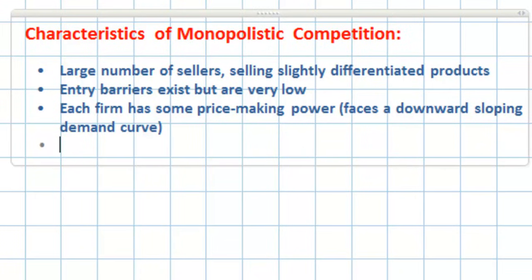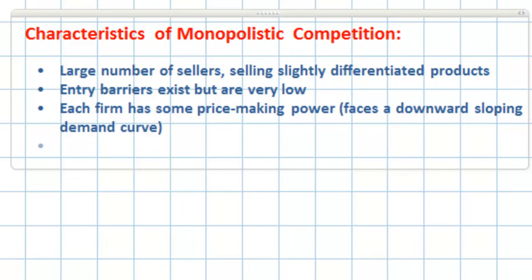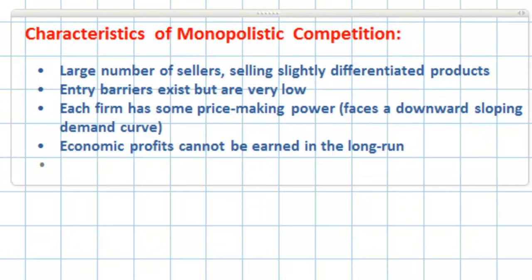Next, we can say that due to the low barriers to entry that exist, economic profits are unsustainable in the long run. Just like in perfect competition, if economic profits exist, firms will be attracted to the market. The demand as seen by the individual firms in the market will fall, and therefore the price that they can ultimately sell their output for will fall due to the original economic profits that may have been earned in the short run.